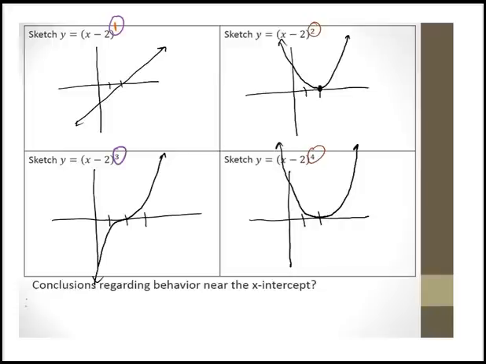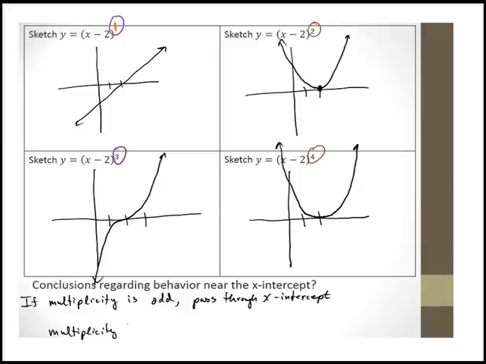So if the multiplicity is odd, pass through the x-intercept. If the multiplicity is even, do not pass through the x-intercept.